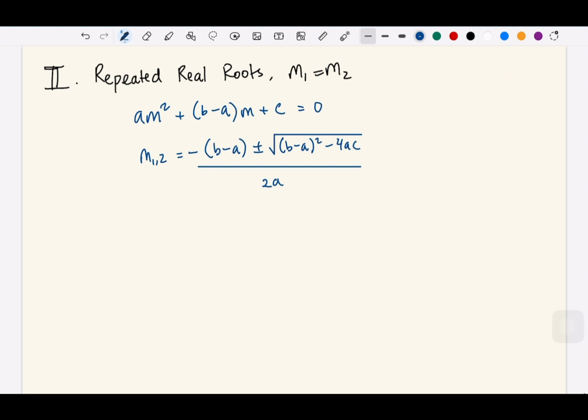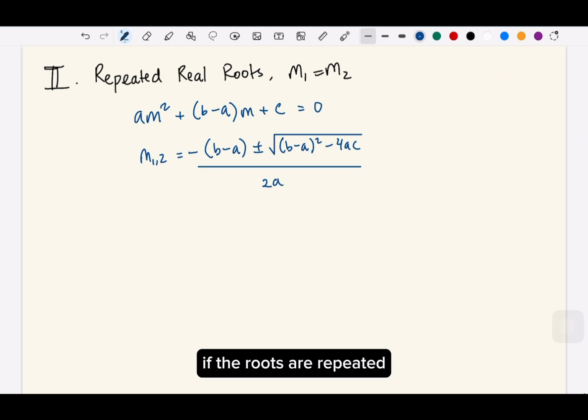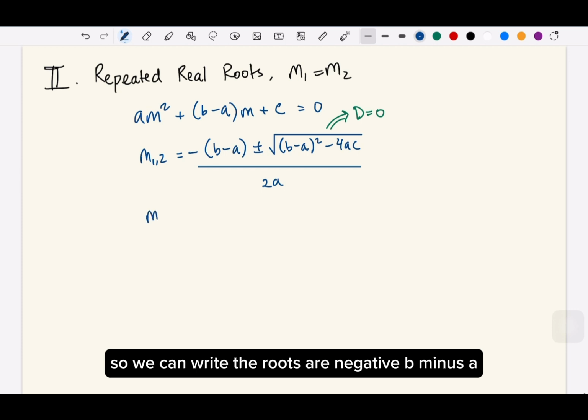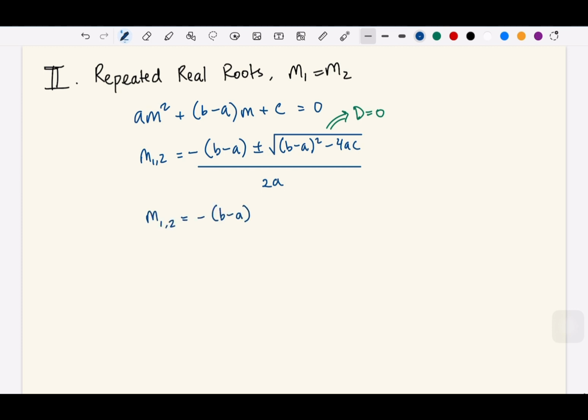Okay, if the roots are repeated, then the discriminant is equal to 0, right? So we can write the root as negative (b minus a) over 2a.